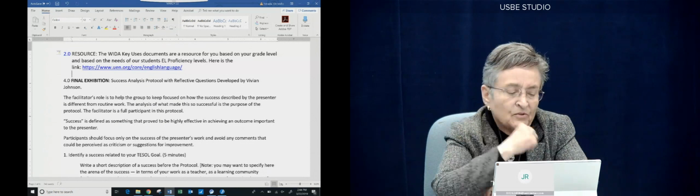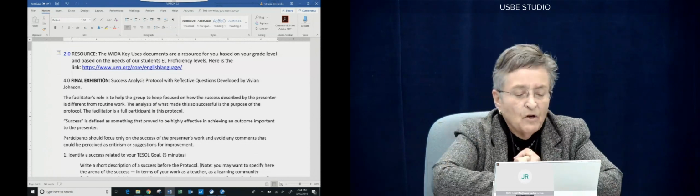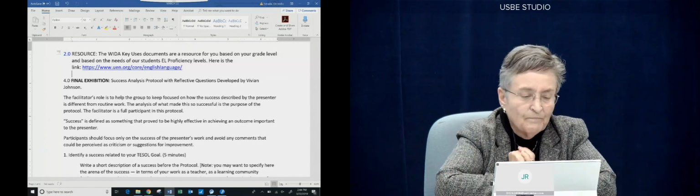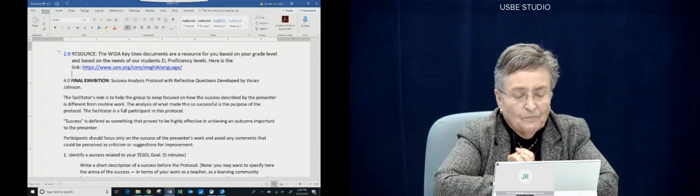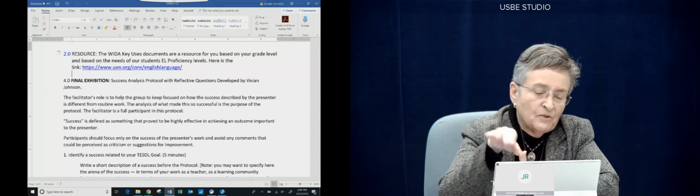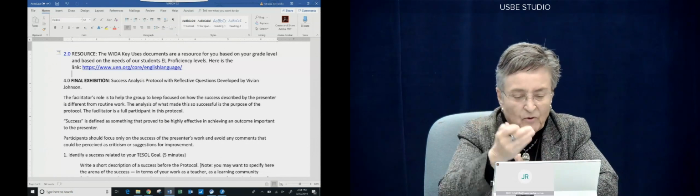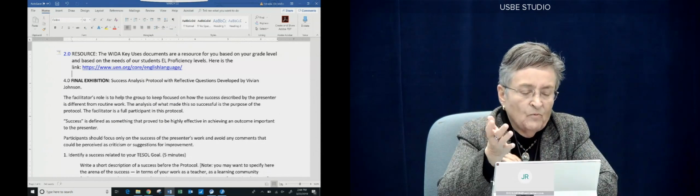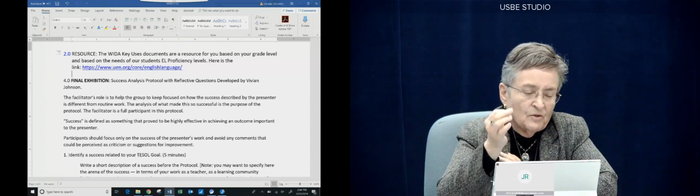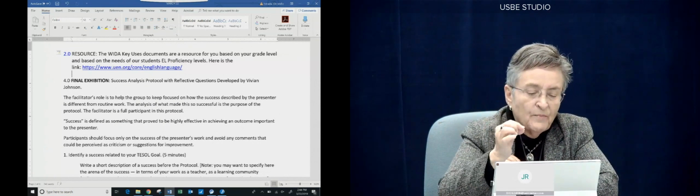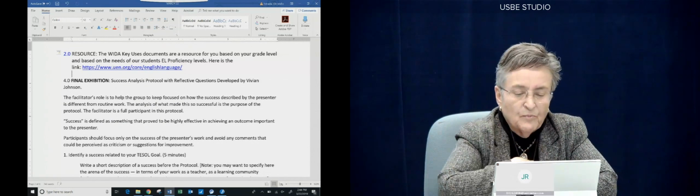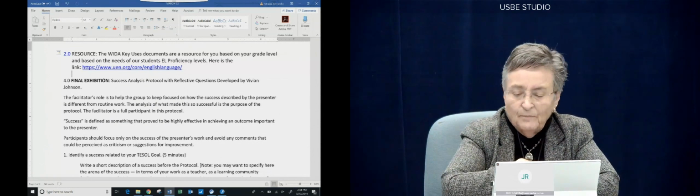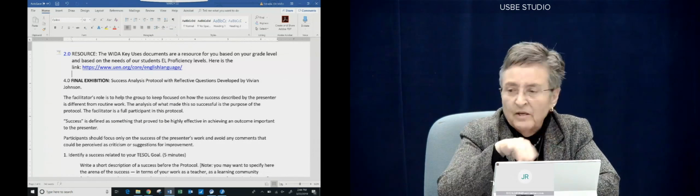Okay, so we're going to go over the protocol for the final exhibition. You're going to do all this initial work, and then on your flash drive you'll have all this. The way your final exhibition works, it's actually going to be a success analysis protocol. So we'll be in a large group.